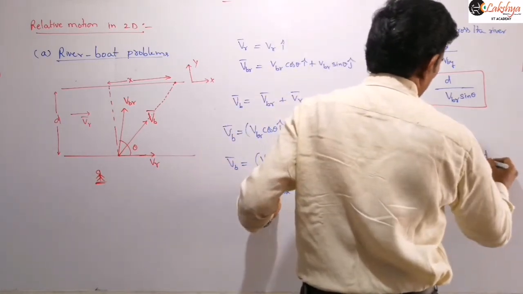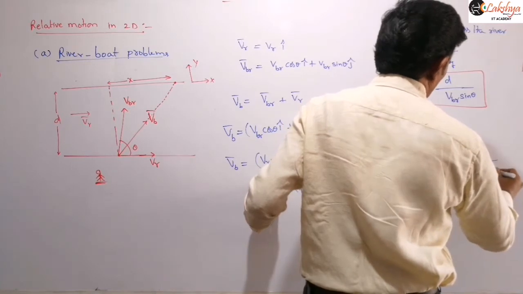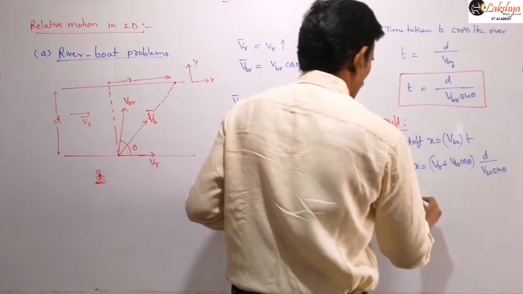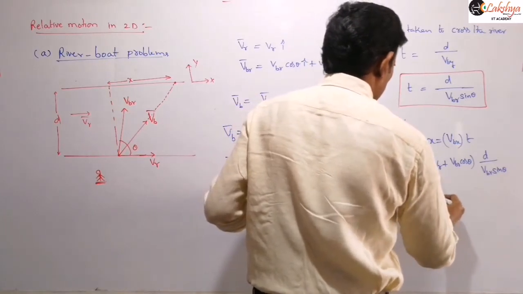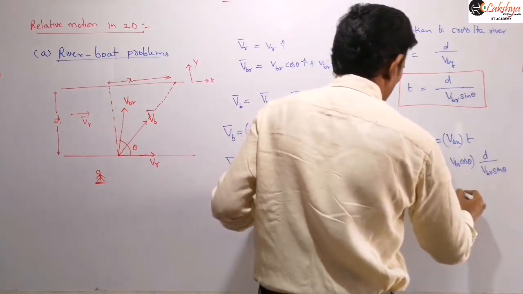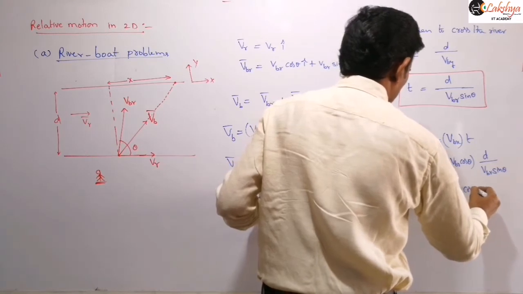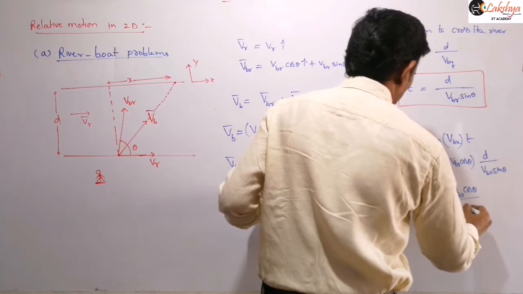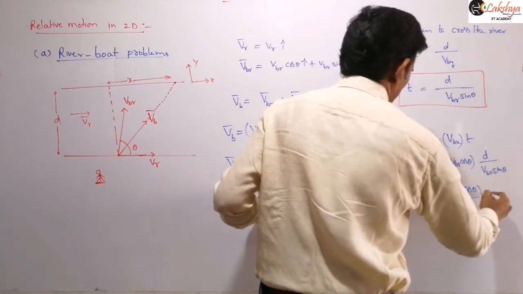The t is nothing but d by VBR sin theta. Therefore we can express this x value as (Vr + VBR cos theta) divided by VBR sin theta, into d.